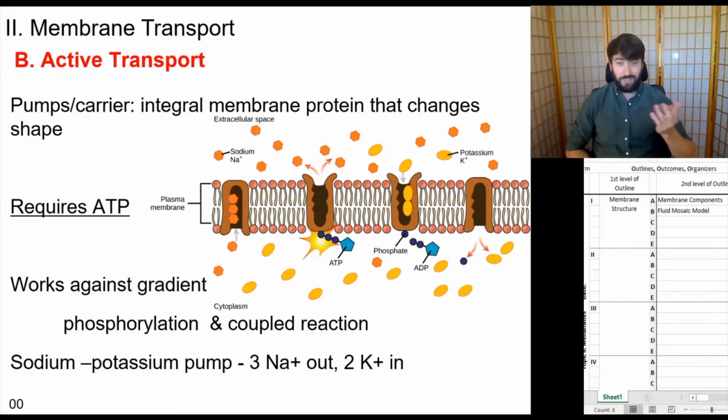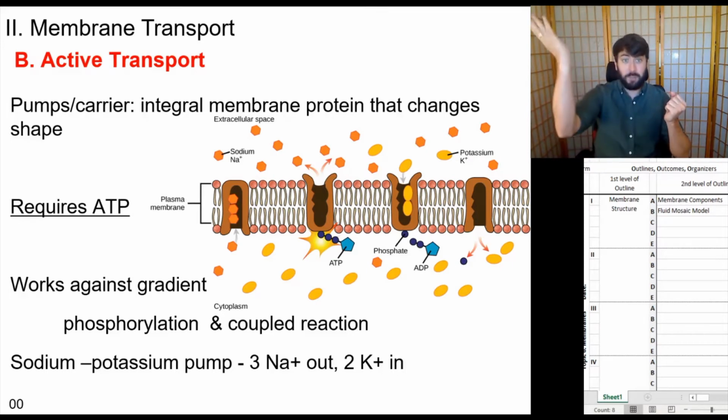So, how do they actually utilize this ATP to do the shape change? Well, they do something called coupled reactions, where you pair a reaction that requires energy with a reaction that easily gives up energy.